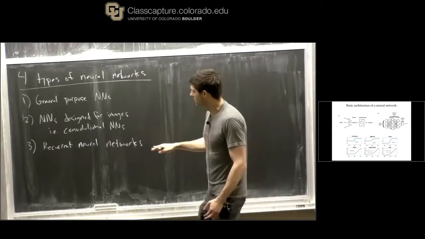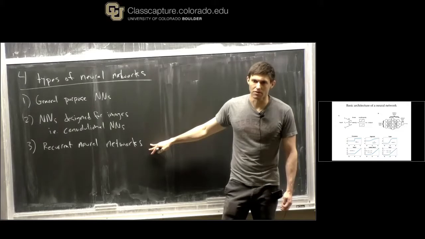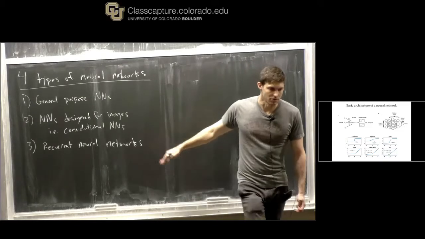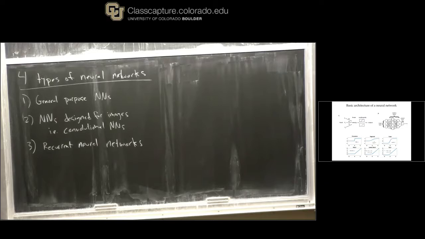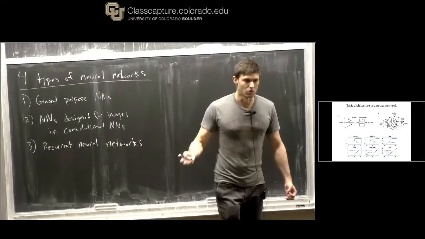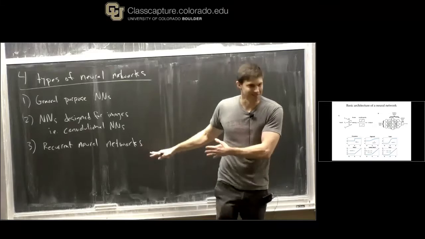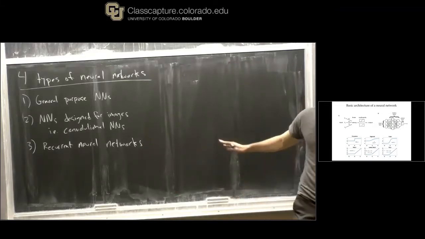And in 2017, there was a paper that came out that introduced something called a transformer, and this has taken off. Now, mostly, if you're doing things on language, you're working with these transformer networks and not recurrent neural networks. So these are now out of fashion to a large extent, and I'm not going to talk about them here.